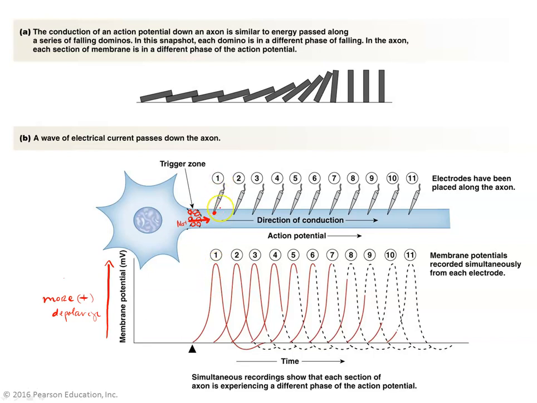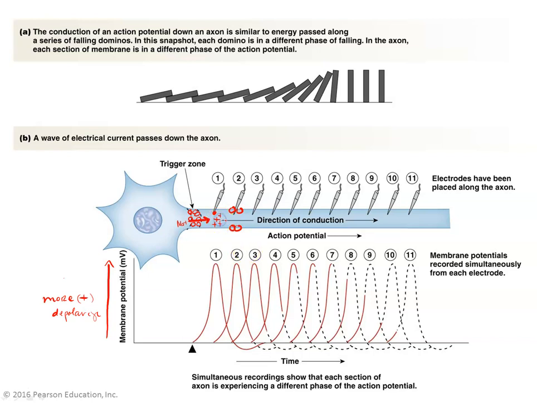Okay, now as area number 1 becomes more positive because of sodium, what's going to happen at number 2 is I'm getting an influx of sodium, or a positive charge, in this area. The reason is that in each of these nodes you have more sodium voltage gated channels.